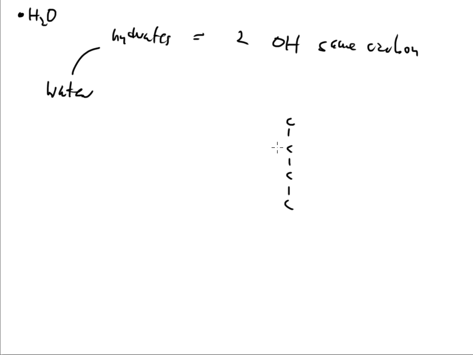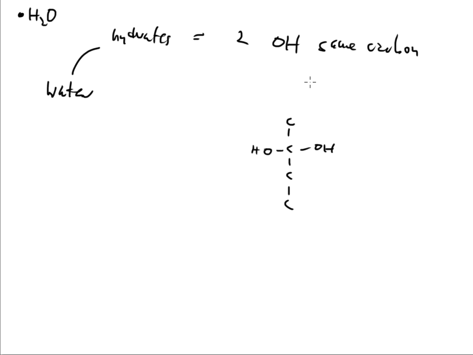And off of this carbon chain, let's say that I've got maybe an OH here and maybe an OH there. Well, those OH groups are on the same carbon, and there's two of them. So we're going to refer to this as a hydrate. It is a molecule with two OH groups on the same carbon.